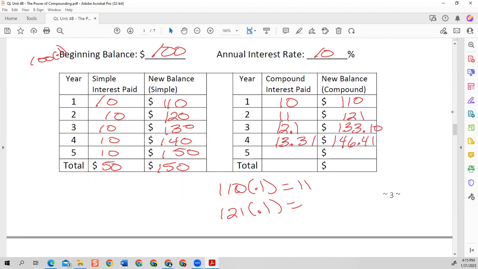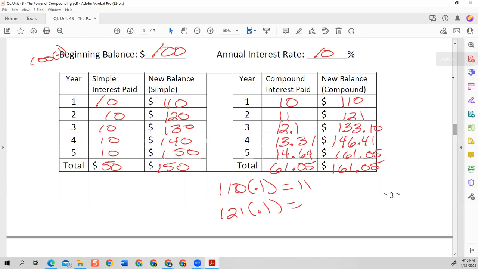And you'll kind of see where we're going with this. So the grand total of interest for those 5 years is $61.05. So the total at 5 years would be $161.05 off of $100.